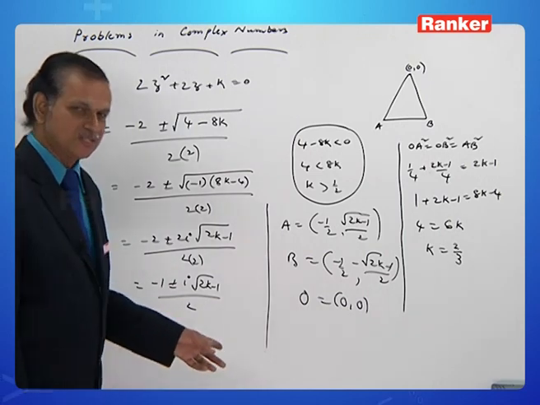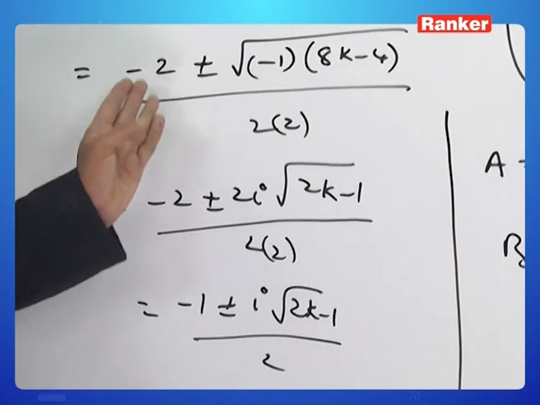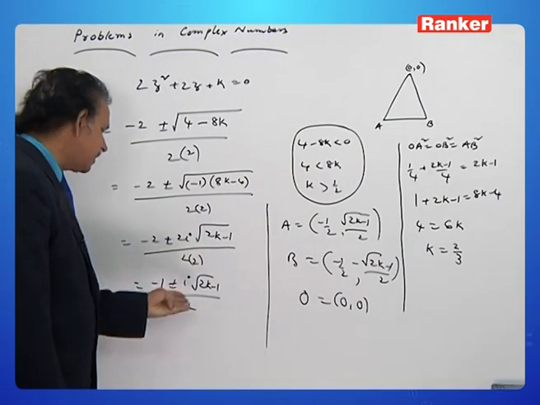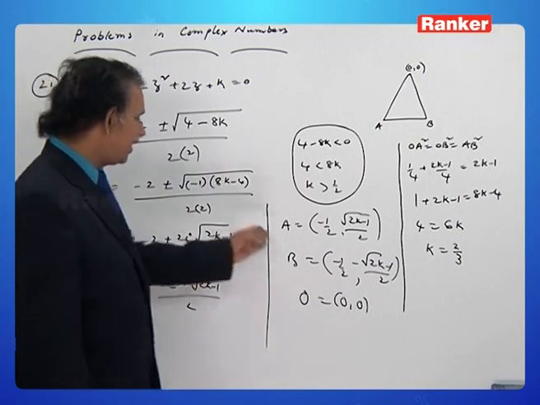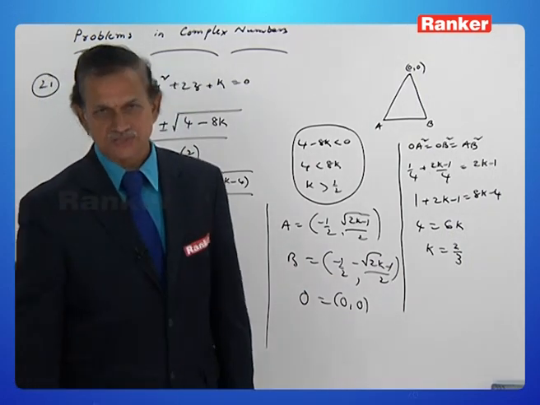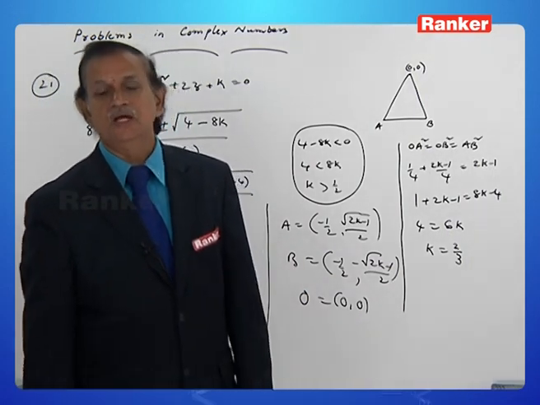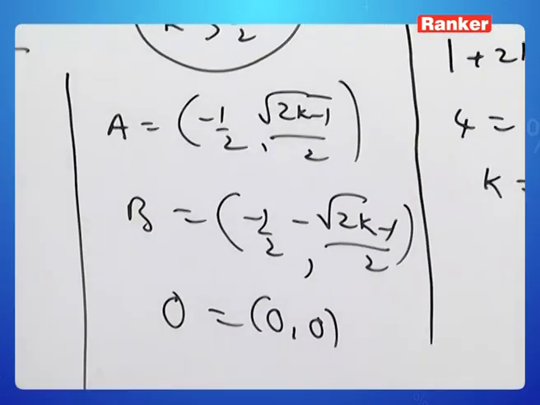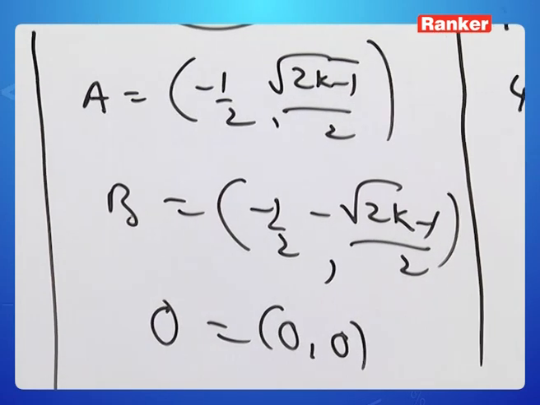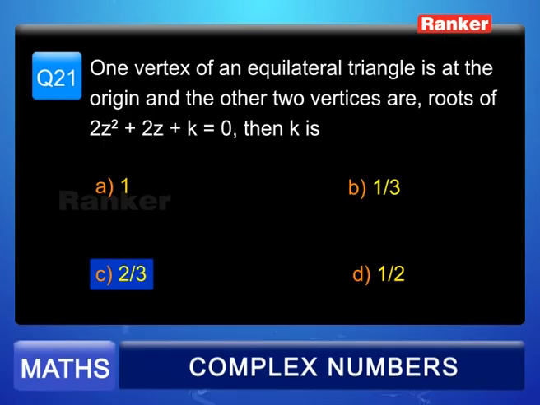As z is a complex number, you must be able to write this in terms of i root something like that. Only then will you be able to have a and b, the three vertices. After producing the vertices, by making use of the fact that their lengths are equal in the equilateral triangle, we can get k as 2 by 3. Therefore, option C, that is k is equal to 2 by 3, is the right answer.